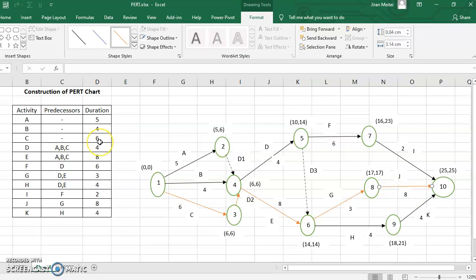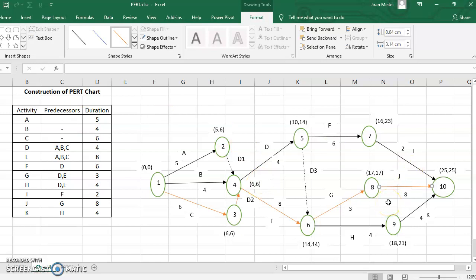Now, this is how you construct a network, number nodes, and find out the project completion time, and hence the critical path. The construction of a network for any project is a matter of practice and experience, and the rules remain the same. The rules that we've discussed, strictly decided by the various predecessors or successors, remain the same, and different persons may take different time to construct this type of network.